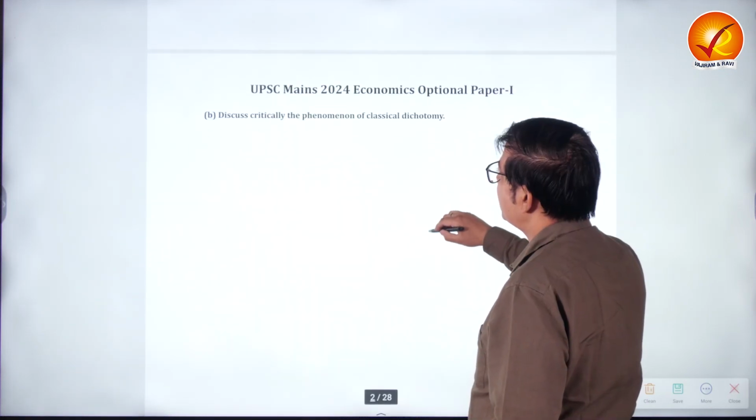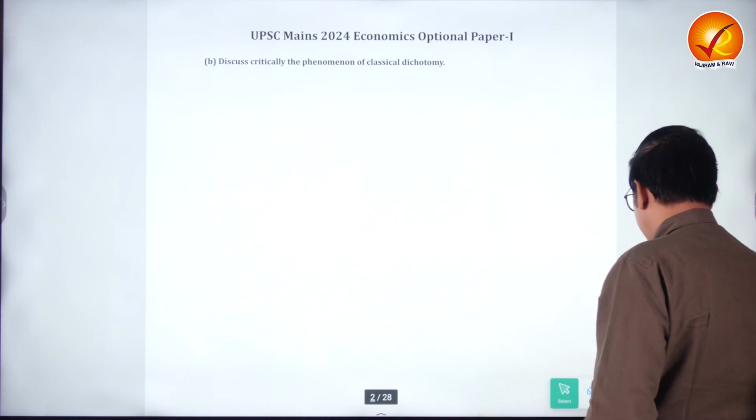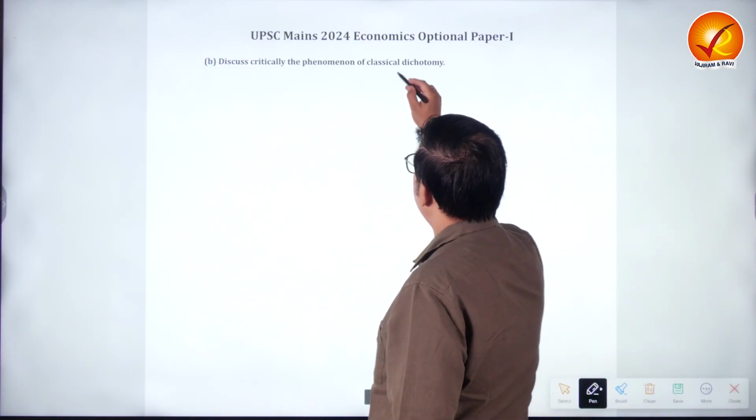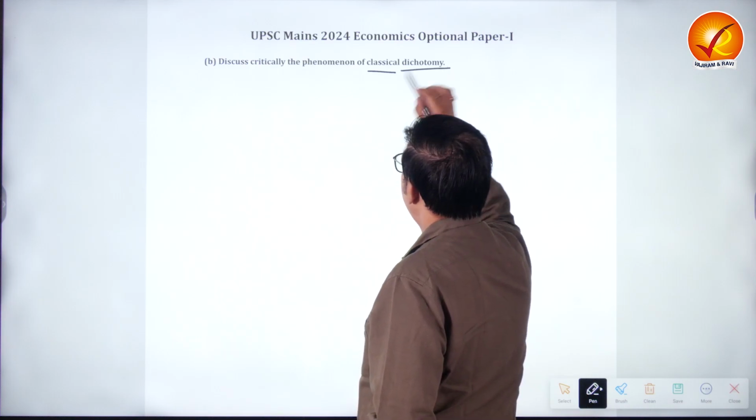Okay, let's go further. The second question was: discuss critically the phenomenon of classical dichotomy. This is a question clearly on the classical theory of macroeconomics.